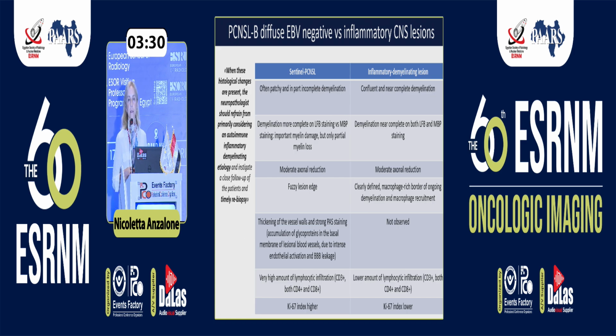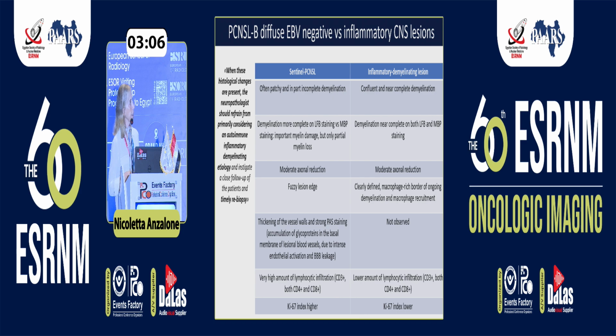What has been described anatomopathologically, because this is a major problem for pathologists, is that in these kinds of lesions that have been called sentinels, but probably not appropriately because it could be a lymphoma probably at the beginning, the use of steroids may alter the histology of the lesion.